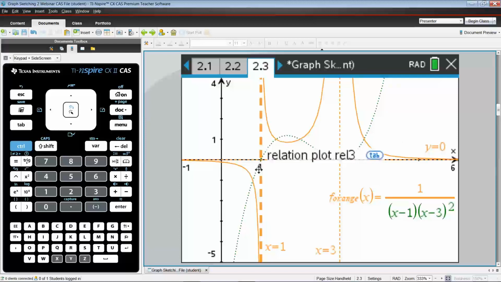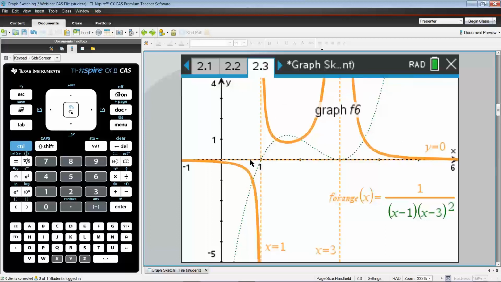As you approach x equals 1 from the negative side, the y values of the reciprocal approach negative infinity. And as you approach x equals 1 from the positive side, the y values of the reciprocal approach positive infinity. So that sort of behavior is what is normally in conjunction with what it looks like for a rectangular hyperbola.